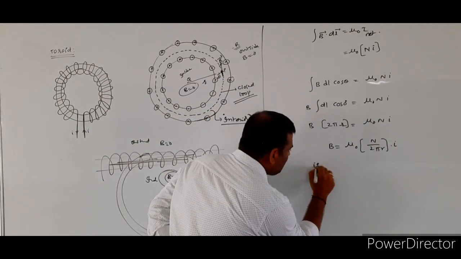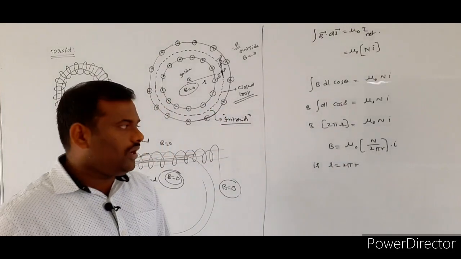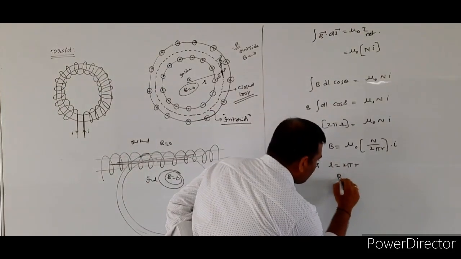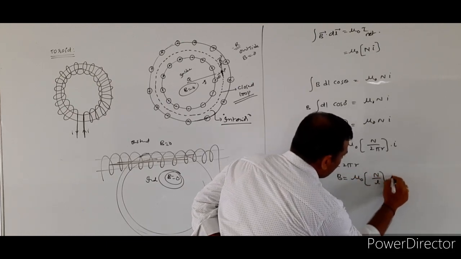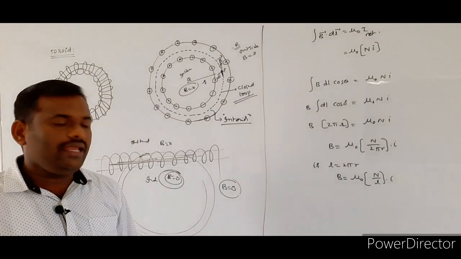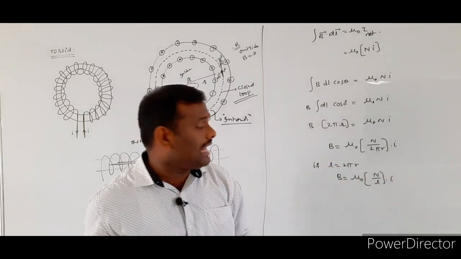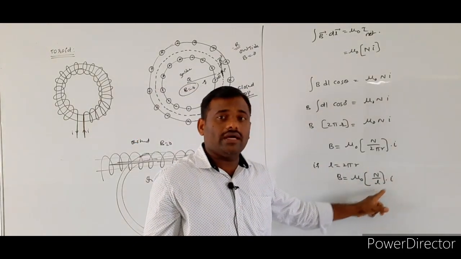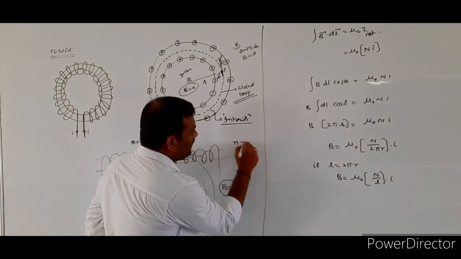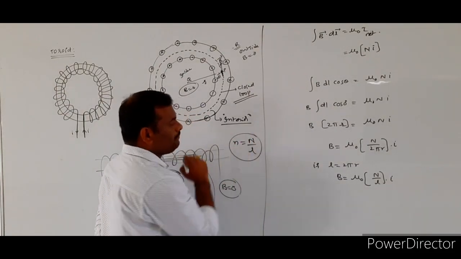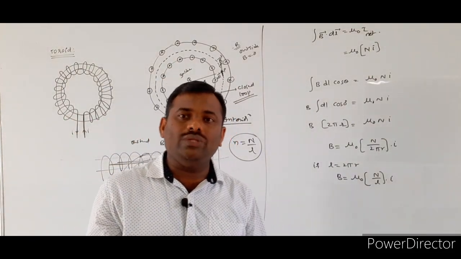If the length of the toroid L is equal to 2 pi r, this equation becomes B is equal to mu naught into N by L into I, where capital N is the total number of turns and L is the length of the toroid. Already we defined small n is equal to N by L. Small n is the number of turns present per unit length.